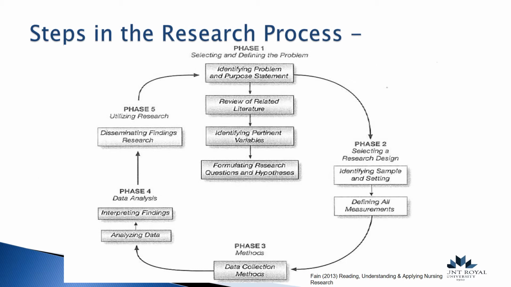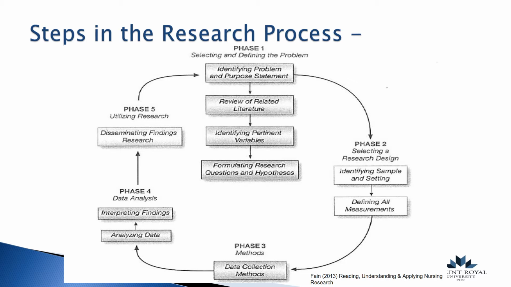So if you were to go online and Google the research process, you would probably find quite a number of different approaches. But I found this one and I really like it, so I'm sharing it with you.